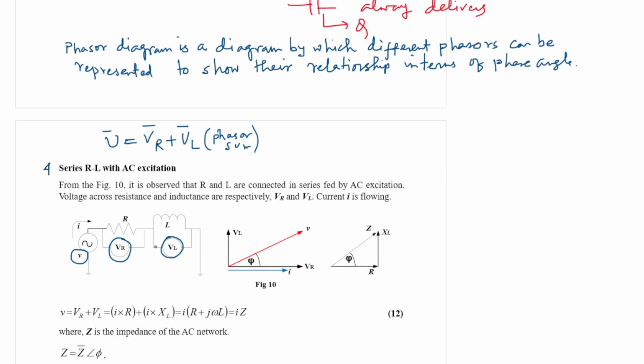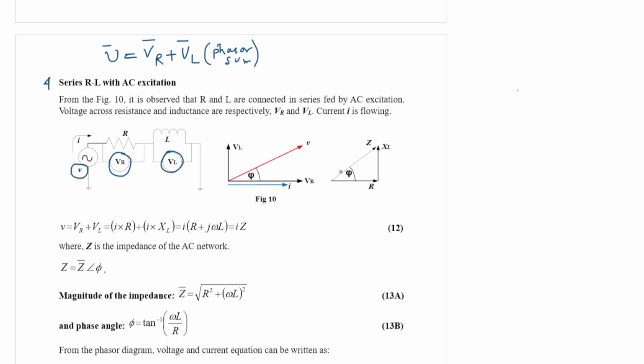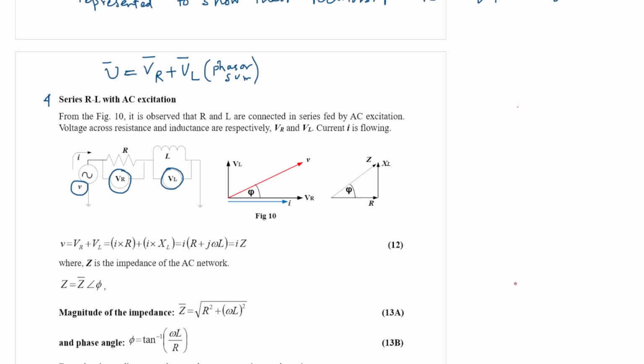Now if you try to draw the phasor diagram of this series RL circuit, what will happen? It is a normal practice: for a series circuit the current is constant, so this current I is taken as the reference phasor.